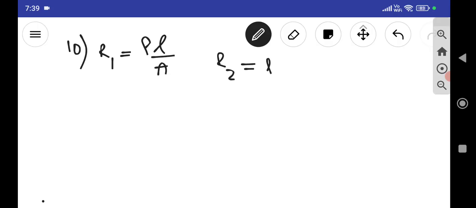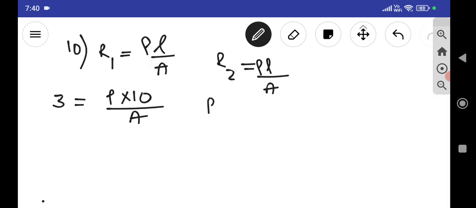R2 also rho into L by A. So first R1 is 3 is given, so rho into length is given as 10, area of cross section take it as A. So R2 is equal to rho into 30 by A now, right? So here, assuming it has uniform cross section, stretched it to 30 centimeters. Okay, so length is being increased 30, that we have written.